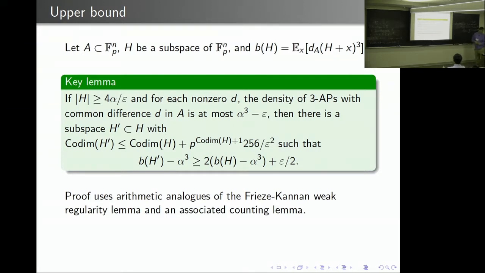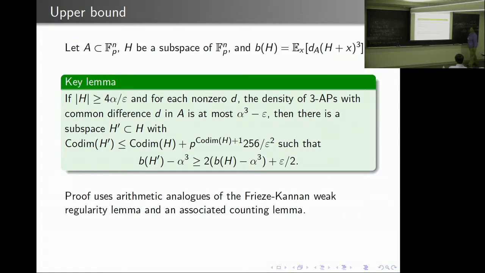We can apply one of these inequalities from Olympiad mathematics, Schur's inequality, to these densities, and you eventually can rearrange and get this sort of inequality using the averaged out versions. And the averaged out versions, we know that they're close to the density of 3-term progressions in H using the counting lemma. And then H prime is going to be the common refinement of H and all of these subspaces we found for each affine translate of H.